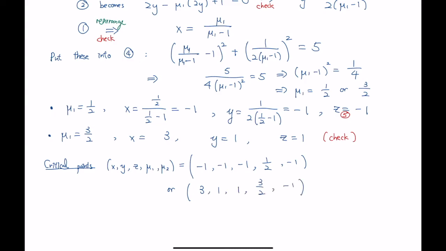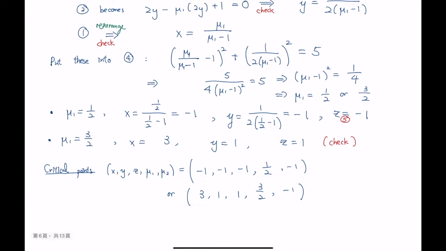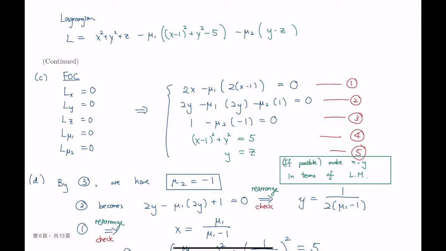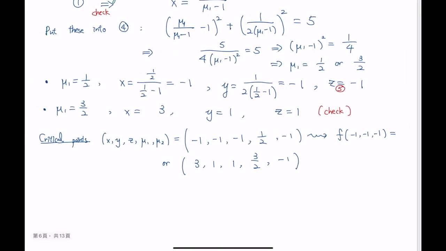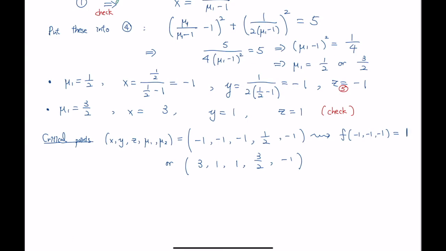Then if you evaluate these critical points in your objective function, what's the objective function? The objective function is x squared plus y squared plus z. So f of minus 1, minus 1, minus 1 equals x squared plus y squared plus z, so this is 1.